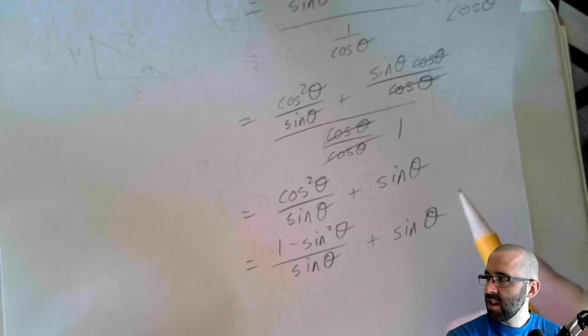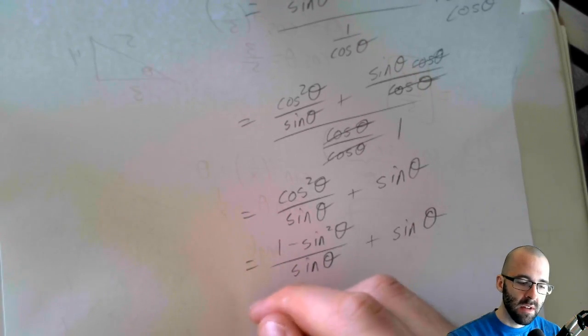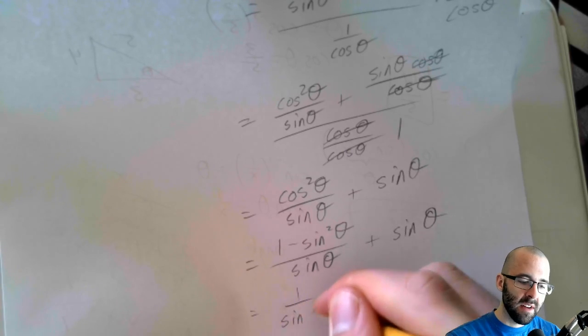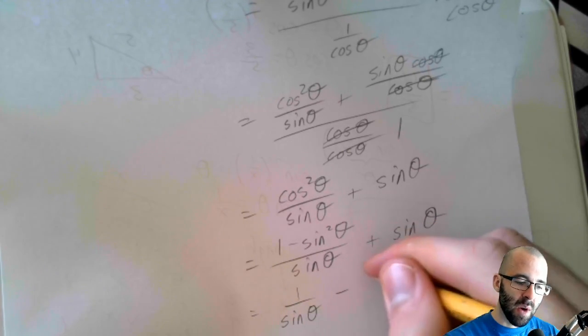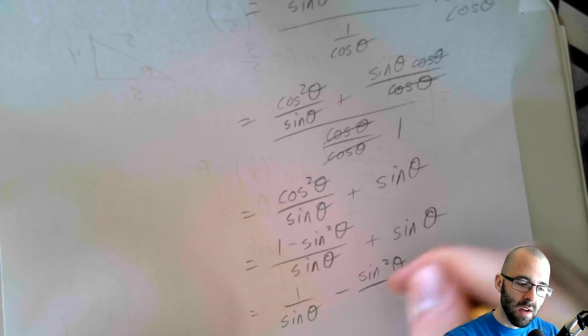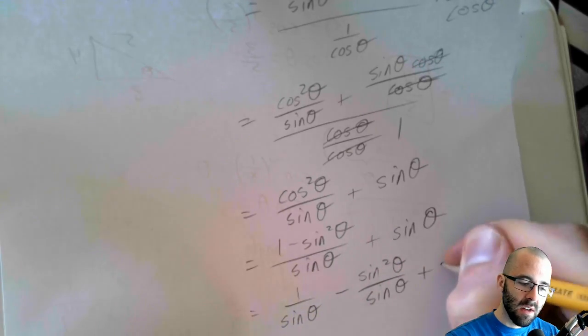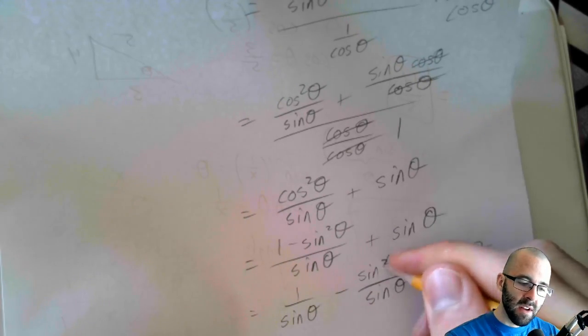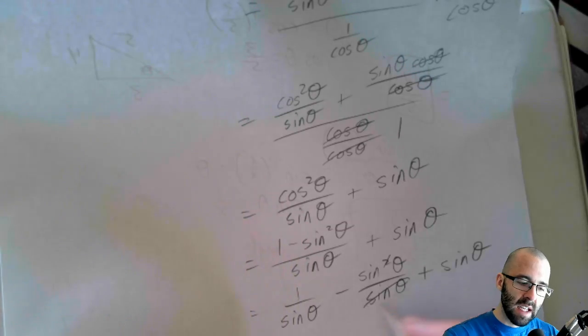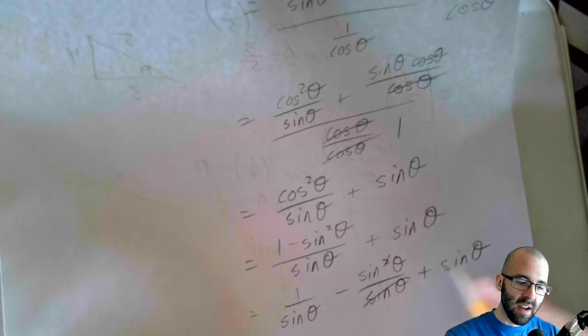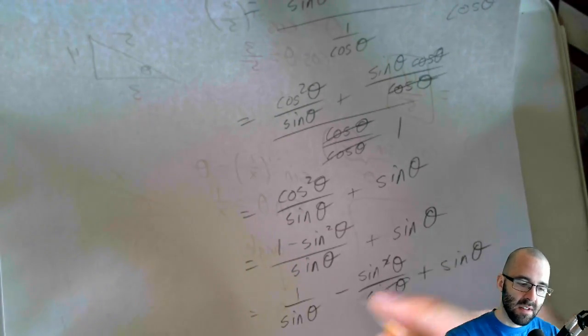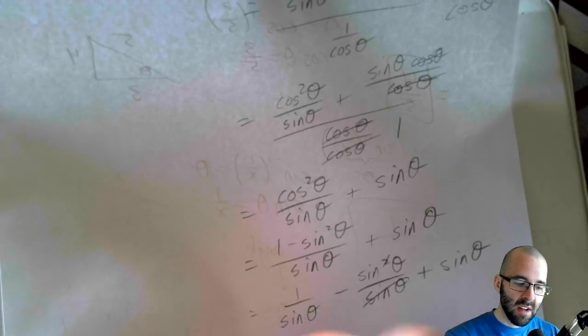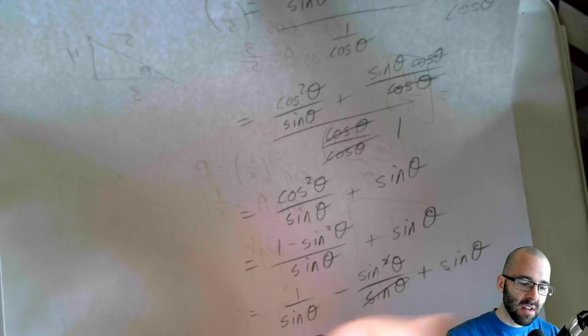If you have subtraction on the bottom, there's nothing you can do. It becomes 1 over sine theta minus sine squared over sine theta. And one of the sines cancels with the denominator, so we get 1 over sine theta minus sine theta plus sine theta, which just simplifies to cosecant theta.